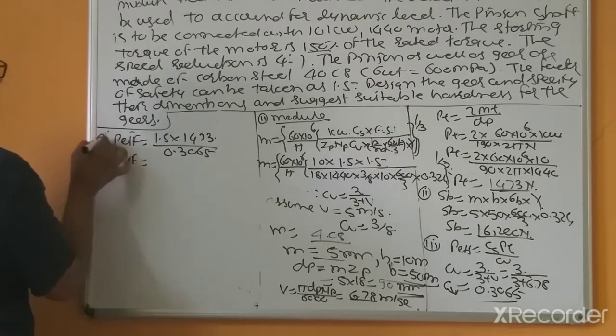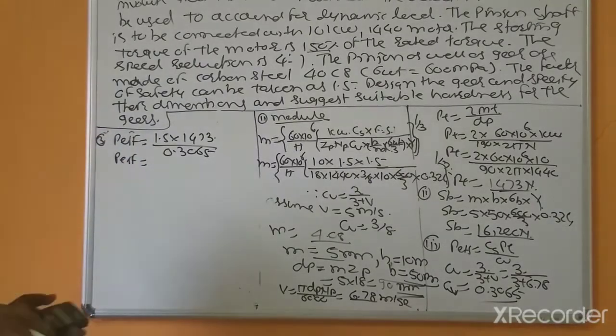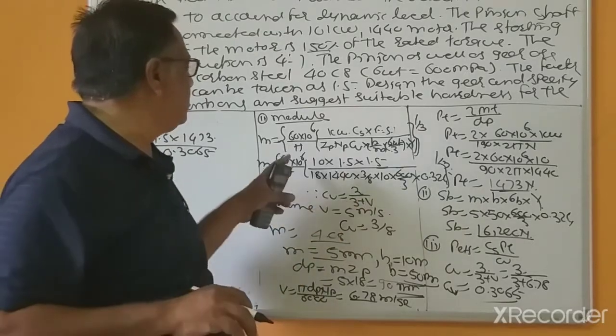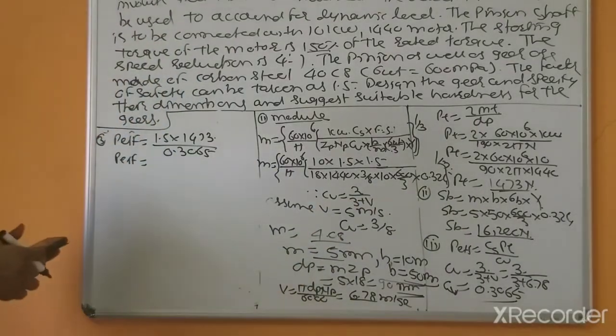So this is the third important step. Second, beam strength. First is the module, 1 divided by, multiplied by 1.5.